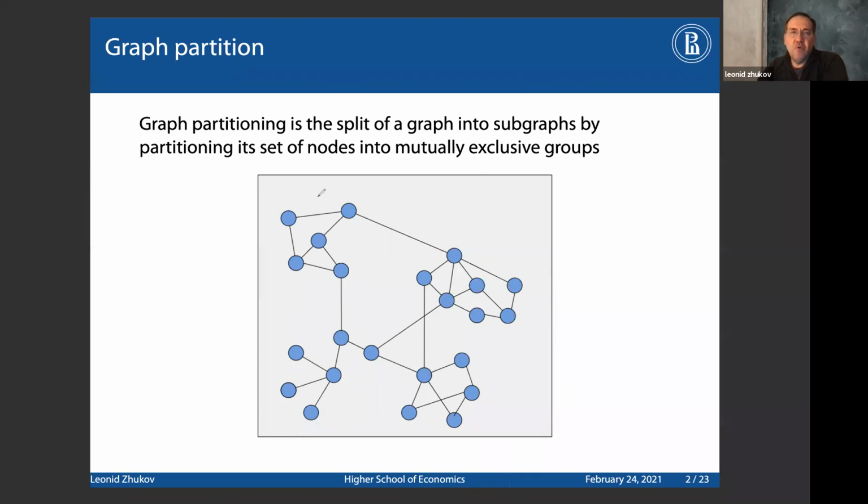Or even more, I can say, okay, look, this is one set. This is also a valid graph partitioning, a valid split of the graph into two subgraphs where nodes are mutually exclusive. All right, okay. So that's graph partitioning.